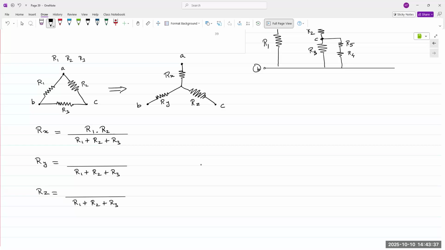So knowing this now, what is in the numerator for Ry and Rz? Let's look at the node where Ry is connected. Then take that node, go to the original circuit diagram, and then which two resistors are connected at node B?